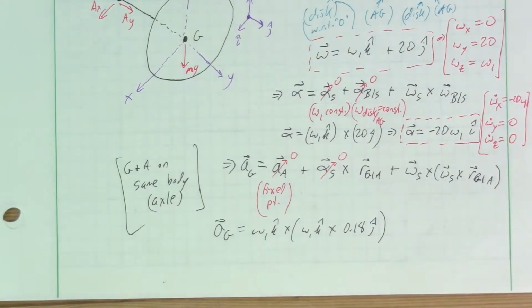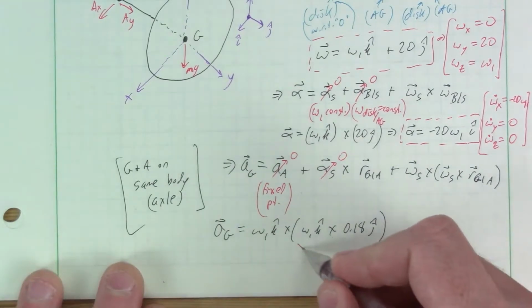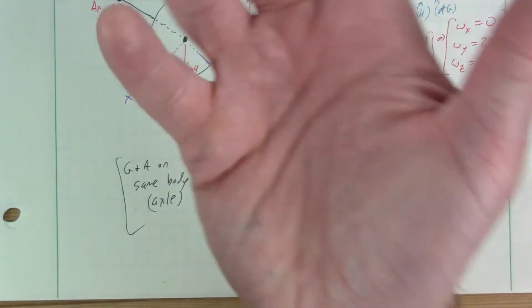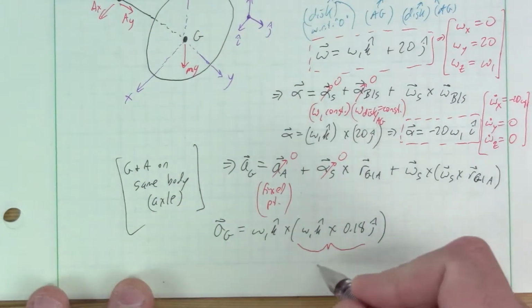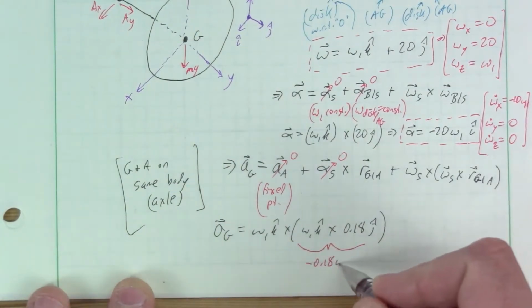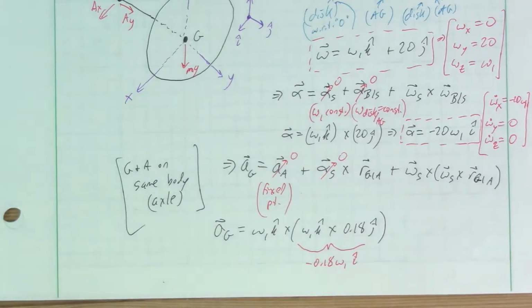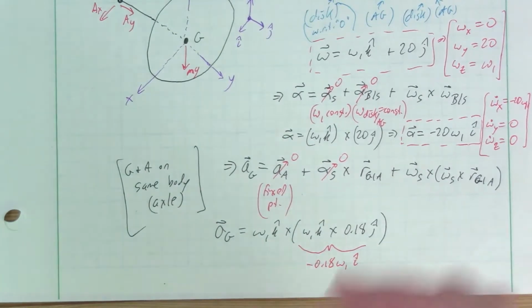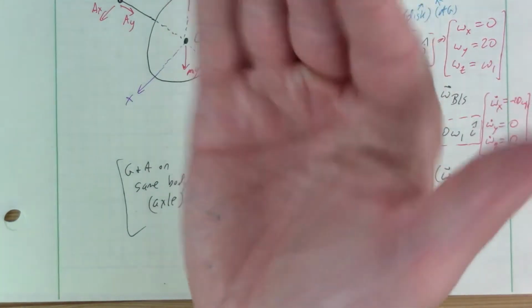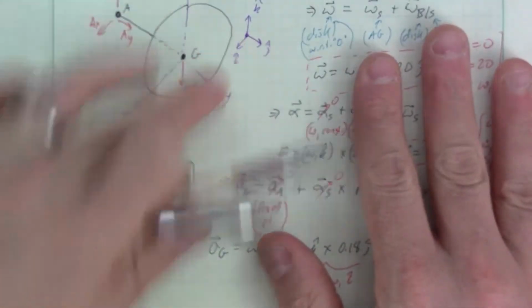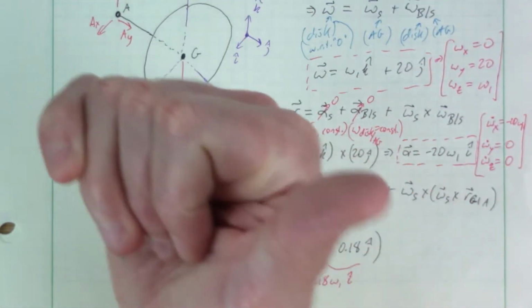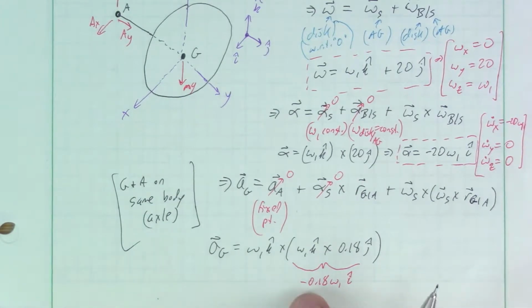Okay, now let's do the inner cross product first. k cross j is negative i hat. So we get 0.18 negative omega 1 i hat. And then we have k hat cross negative i hat. k hat cross i hat should be in the positive j hat direction, but that negative keeps it negative, right? k hat cross i hat, so that's negative, yeah.